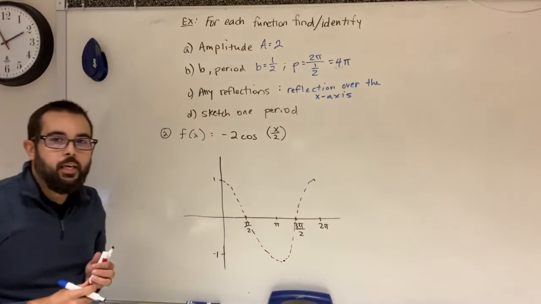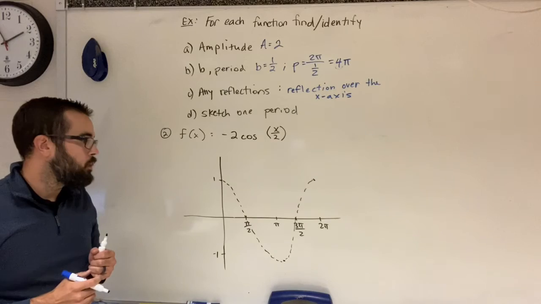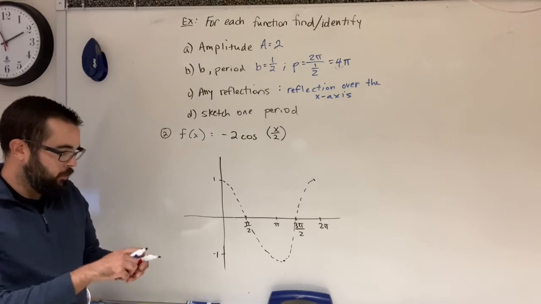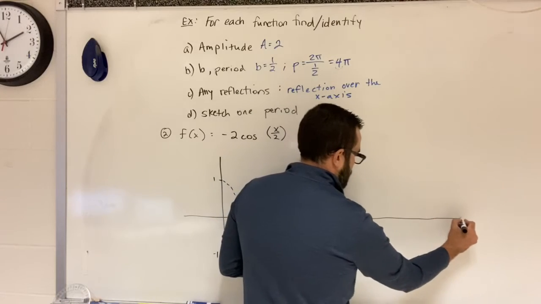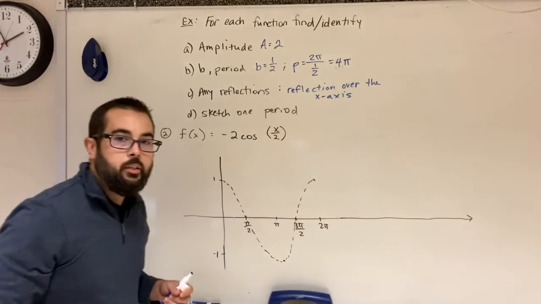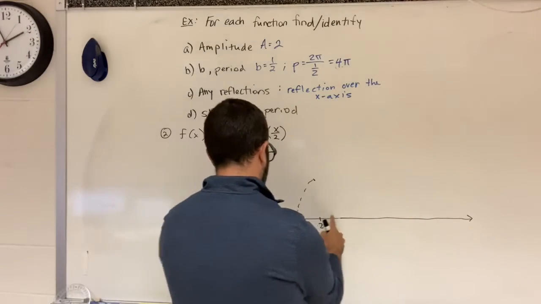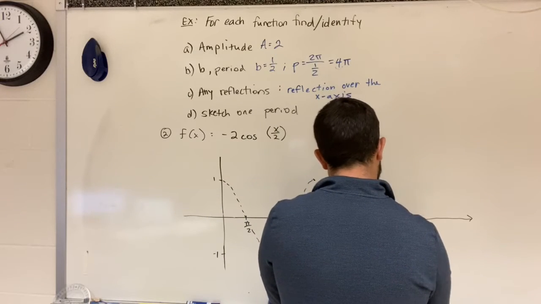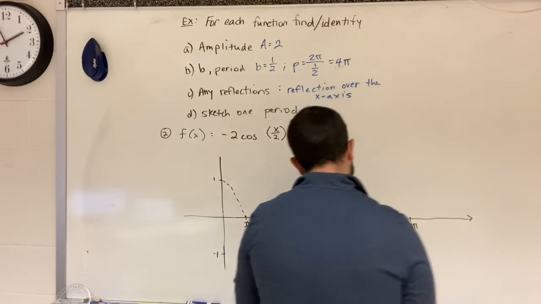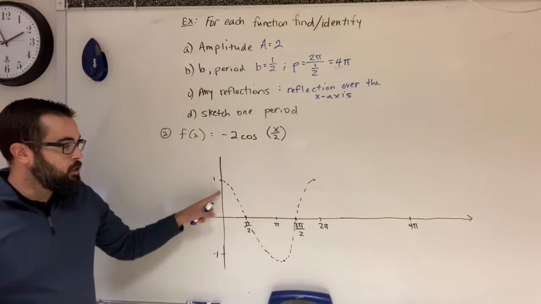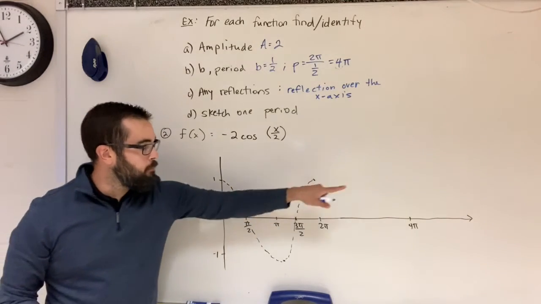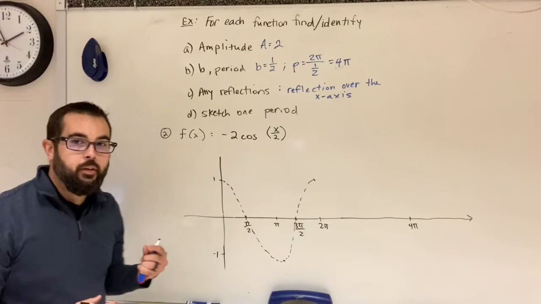Now we have to sketch that over one period. All right, so first off, we need to know that this graph is going to be twice as long. Okay, so it's going to do this same pattern, but instead over 4 pi. So the period's 4 pi.